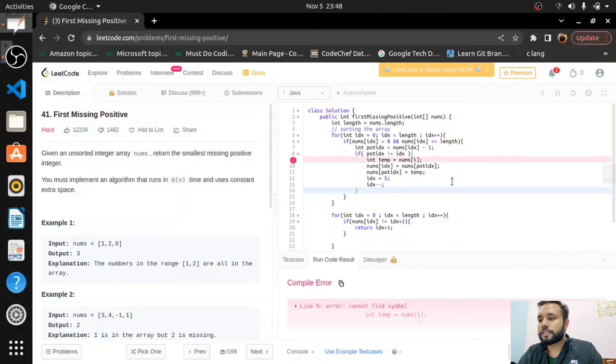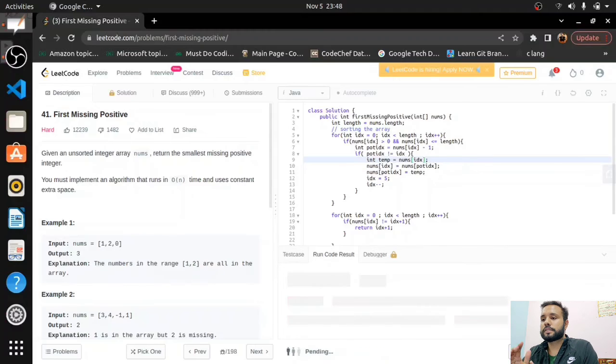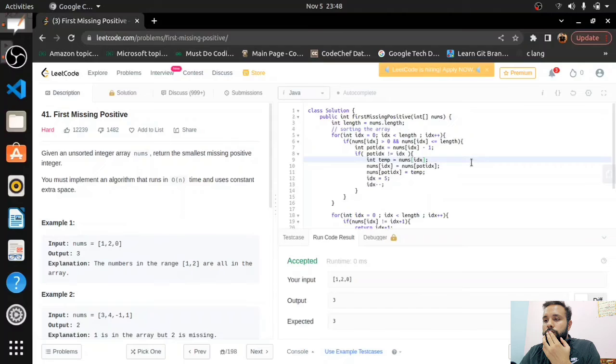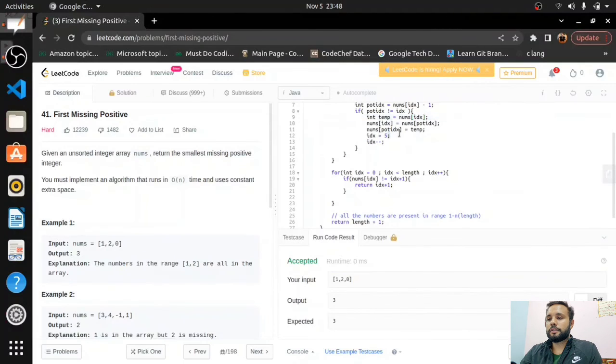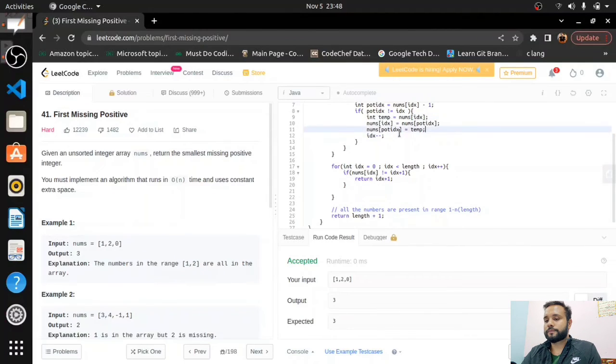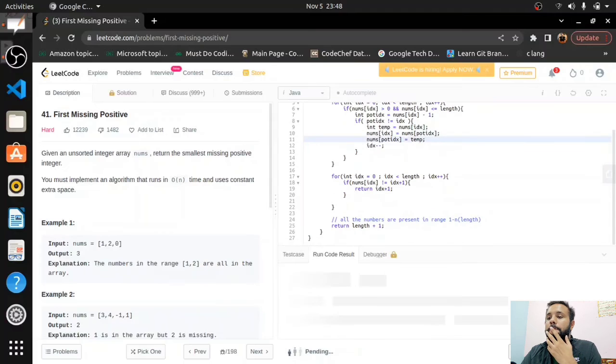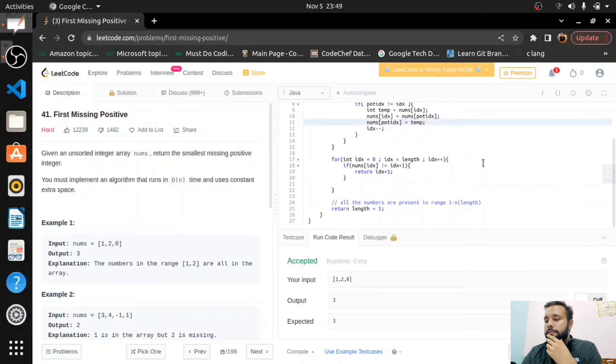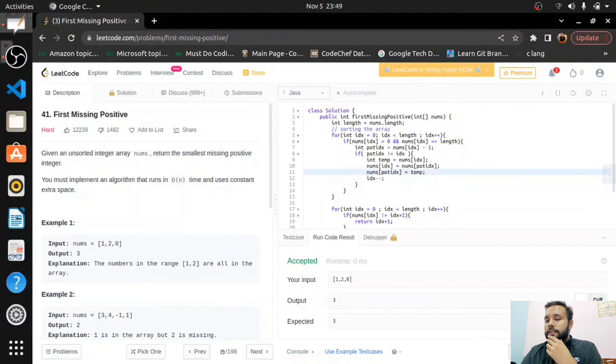Now one more position is left, idx. I think it's good, but this will cause a problem. Yeah, it's accepted. Let's try to submit it.